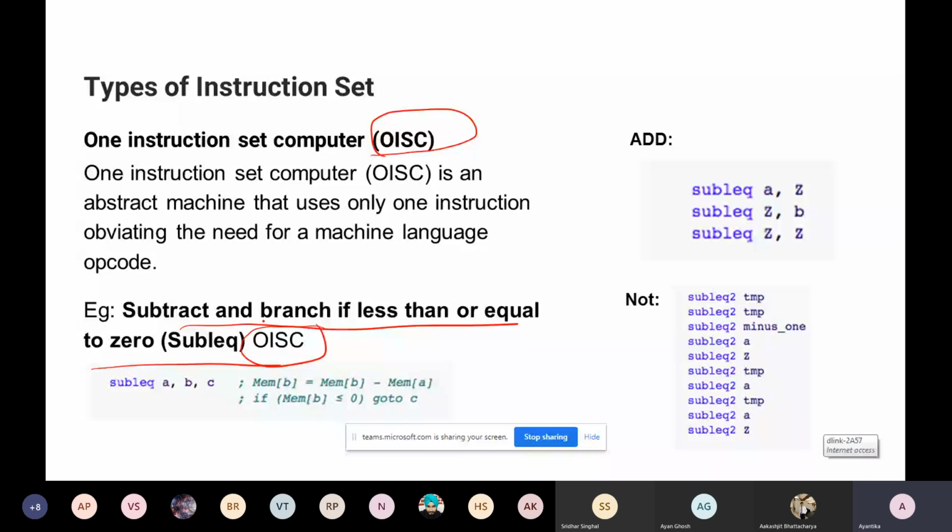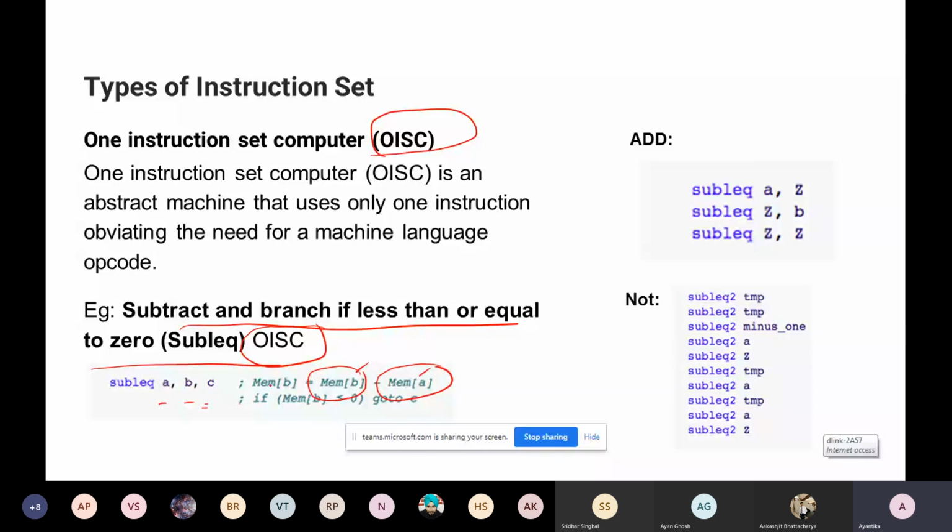This subtract and branch means, let's say you have A, B, C, three operands. A and B are some specific memory locations. You consider whatever data you have stored in those memory locations, mem A and mem B. You compute mem B minus mem A and store the result in mem B.